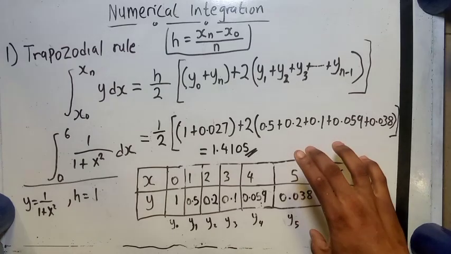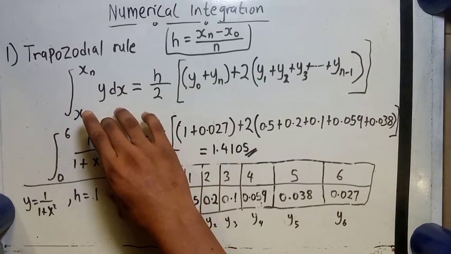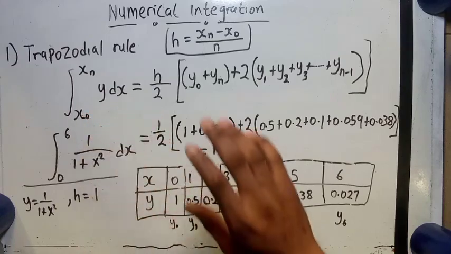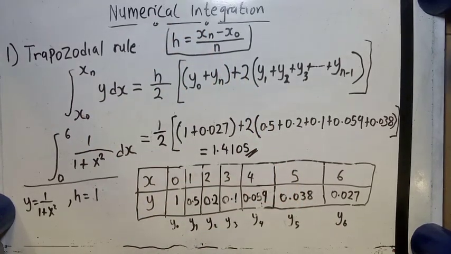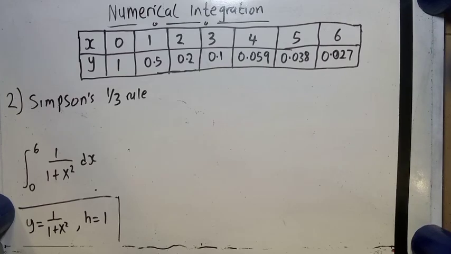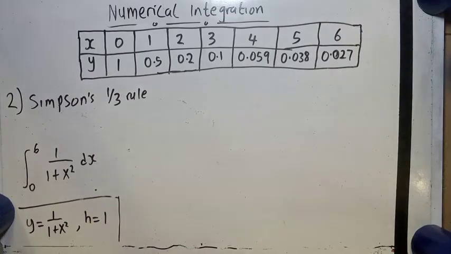I won't be cleaning the table because we're going to be making use of this same question. What I'm going to be changing is just the name and formula. That's all. So still solving the same question, but using a different formula.